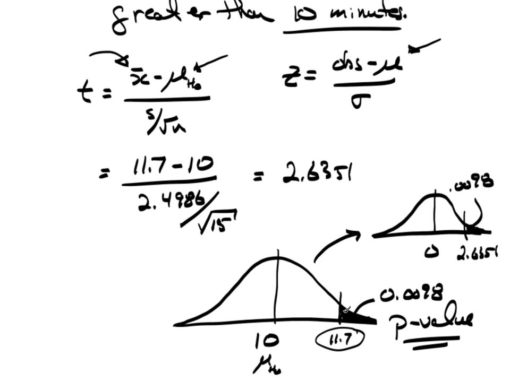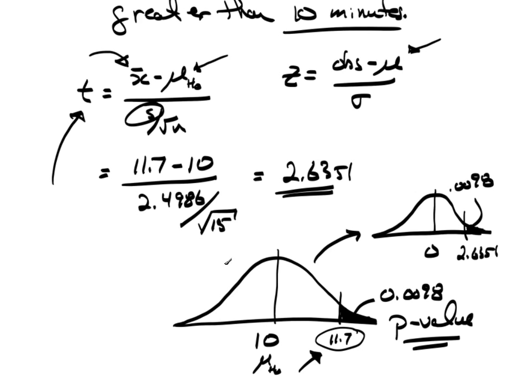This is very, very similar to what we did with the normal distribution. It's the exact same thing that we did, except it's a t-distribution because we don't know sigma. We have the sample standard deviation instead. But the concept is exactly identical. So in a sense, we can say that this 11.7, the sample average that was observed, is approximately 2.6 standard deviations above the mean. And we know that anything above 2 standard deviations is very unusual.